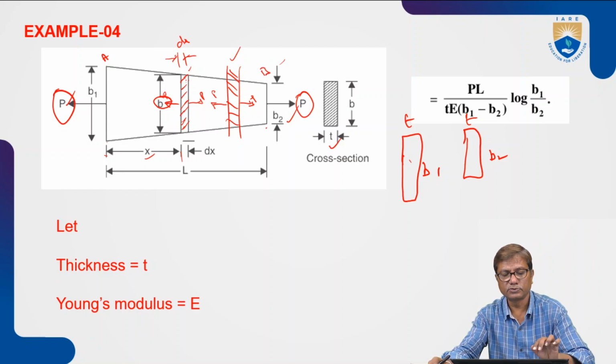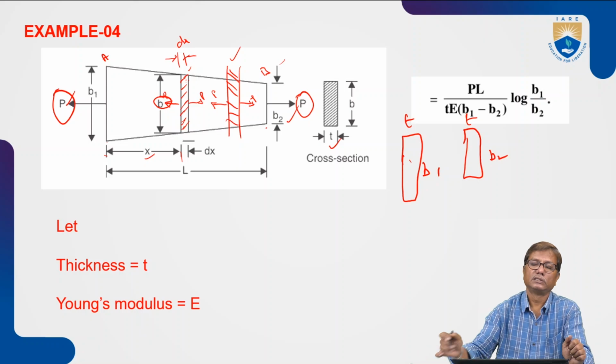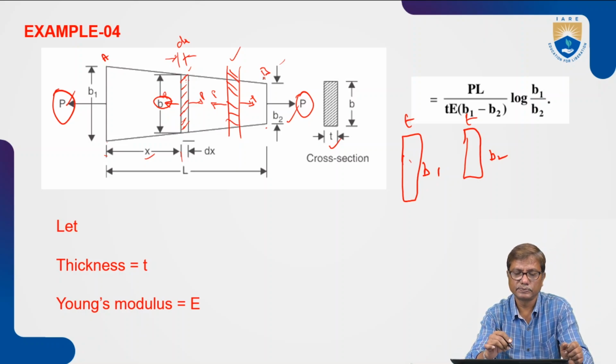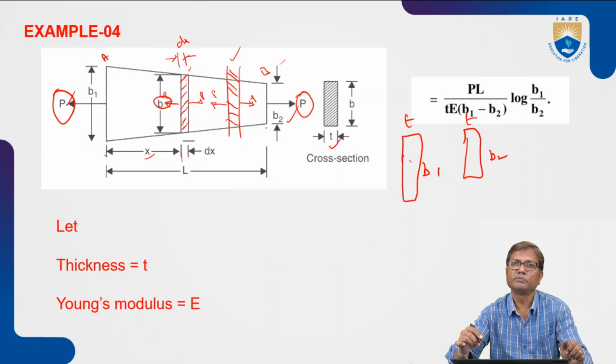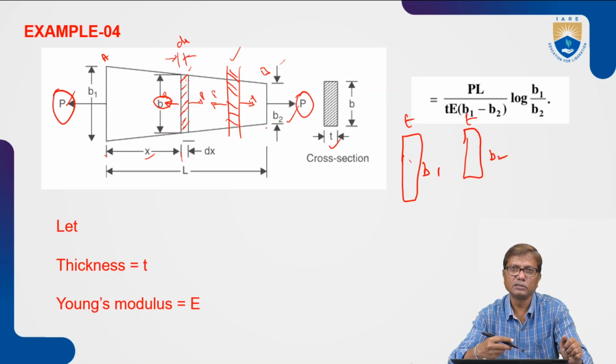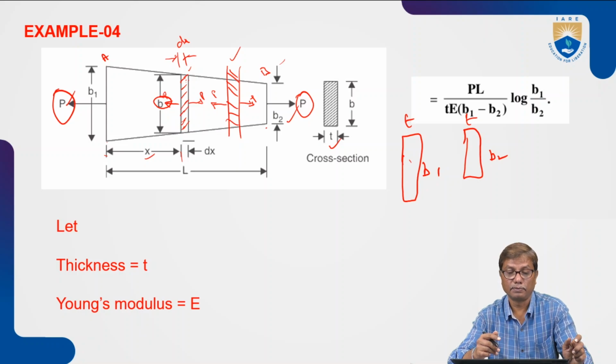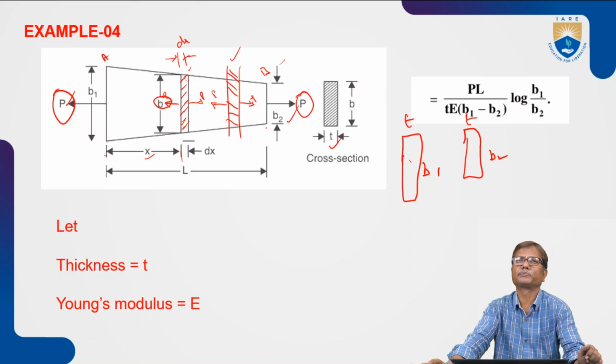First we will find out the elongation of an elementary strip and we sum up the elongations of such elementary strips from left to right, and that summation is done by integration. Summation is nothing but integration, between the limits of x from 0 to L.